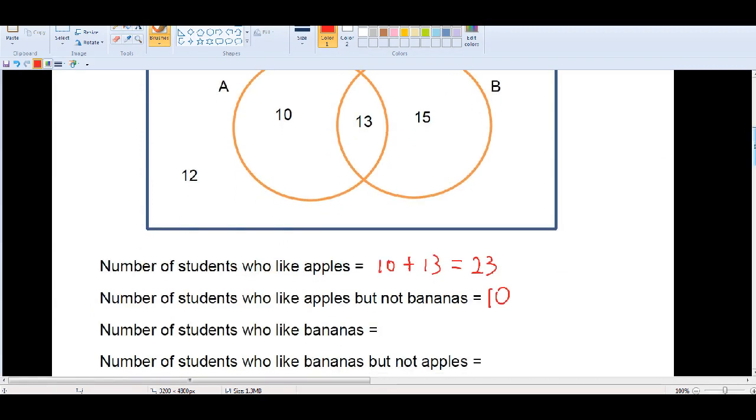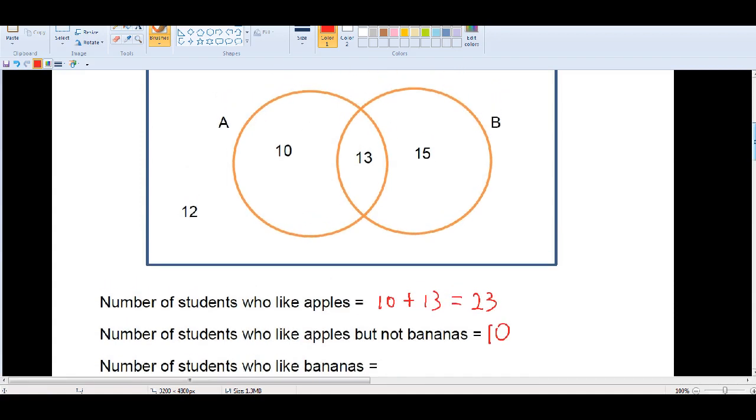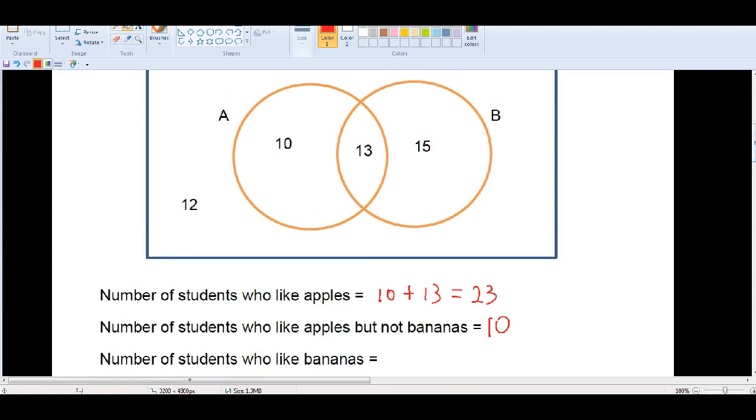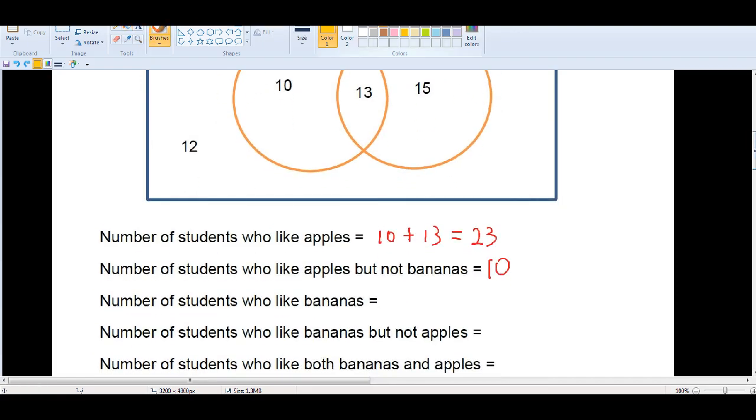And the third one, the number of students who like bananas. This time we should include the numbers in circle B. Again, there are two numbers, 13 and 15, and we should include both of them. So the number of students who like bananas is 28.